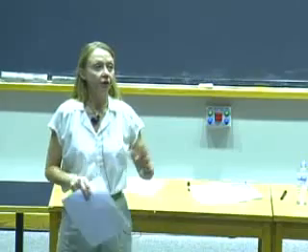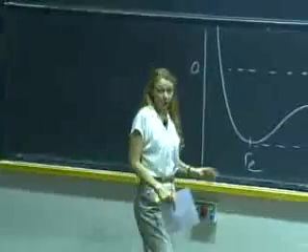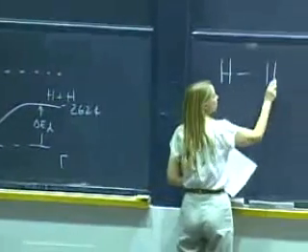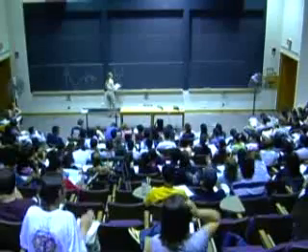So last time we were talking about the general interactions that are present in a chemical bond, and we were in particular looking at the energy of interaction as we brought two hydrogen atoms together. So we're looking at that energy of interaction as a function of the distance r between these two nuclei.